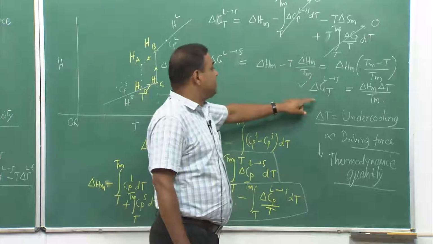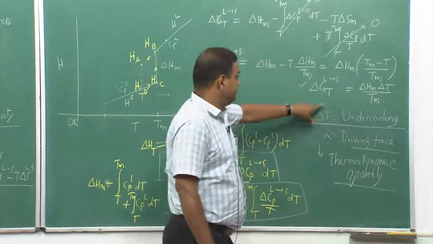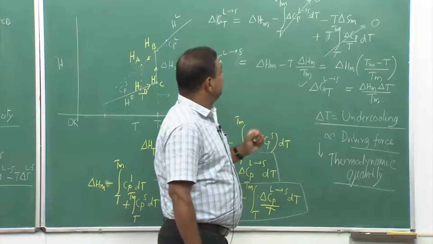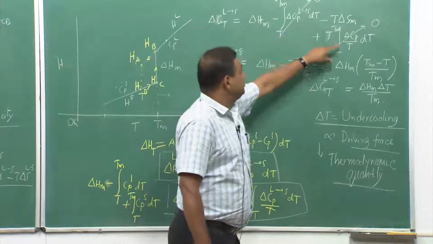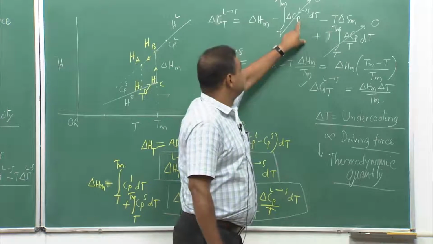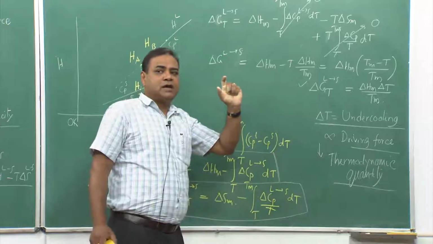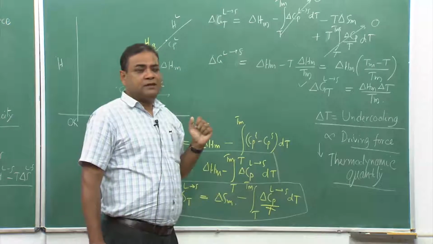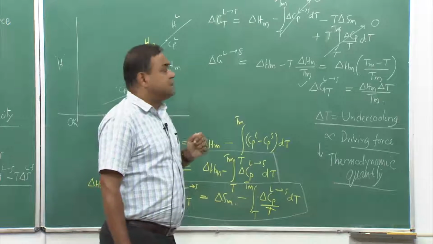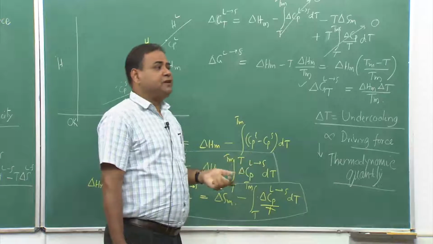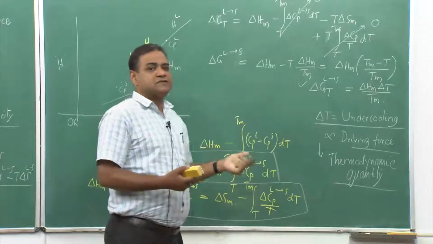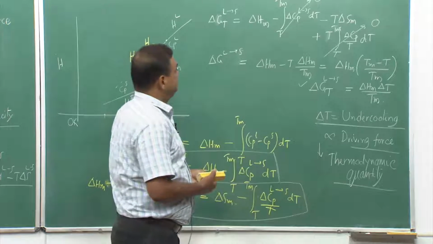Since in the beginning, while coming to this particular expression, we assumed that del Cp liquid to solid, the difference in liquid Cp and solid Cp, is 0, but that cannot be.